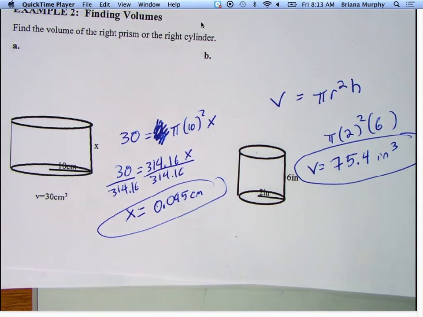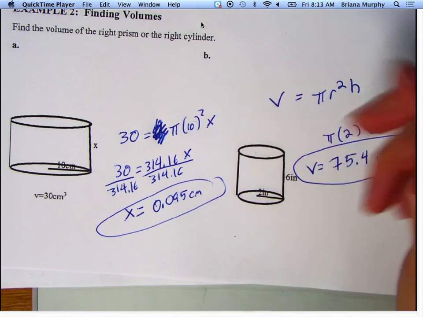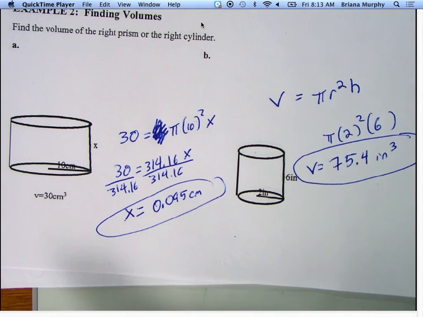Okay. So let's add to our circle book now. 10 squared times pi. We're going to go to a blank page of our circle book.